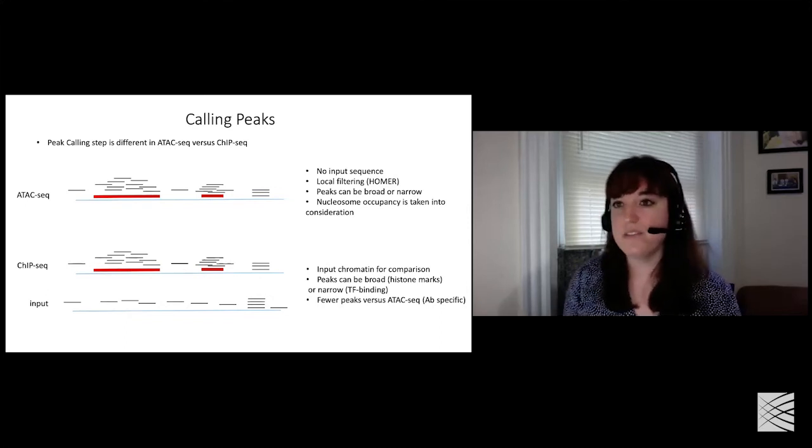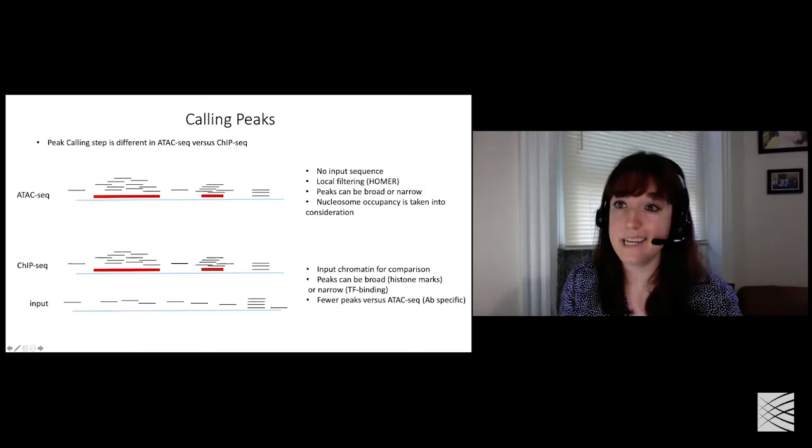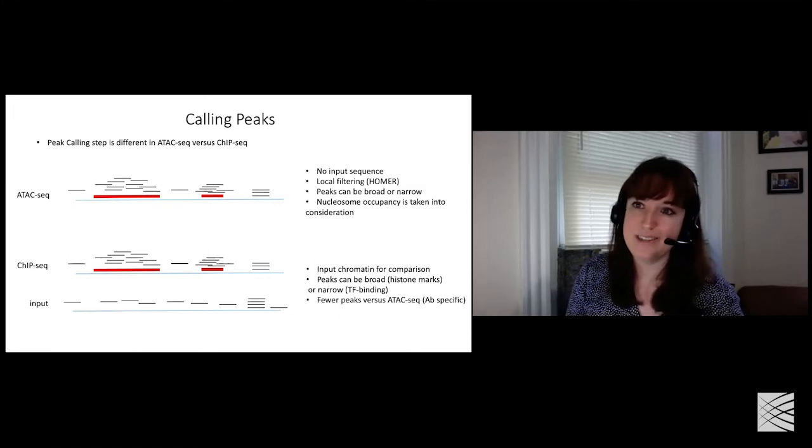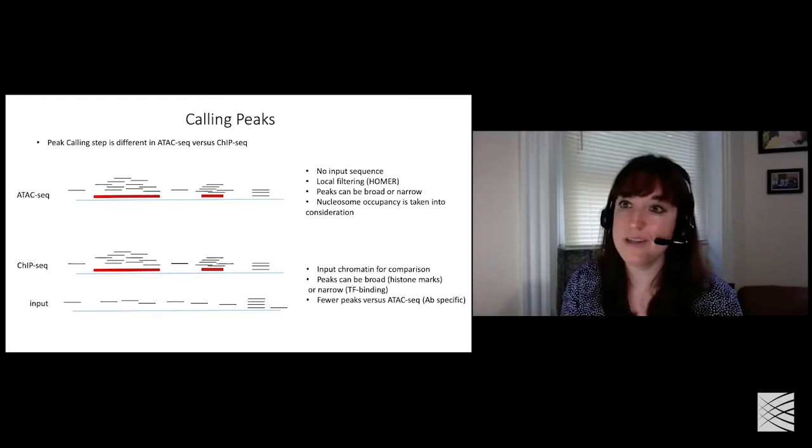You have to keep that in mind when you call your peaks, because some peak callers ask if you want to look for broad peaks or narrow peaks. For ATAC-seq you kind of need both, which is why I use HOMER to call ATAC-seq peaks, because it is based on DNA-seq, which is kind of an old school way to look at open chromatin. A lot of those pipelines that were designed for DNA-seq are now being used for ATAC-seq.